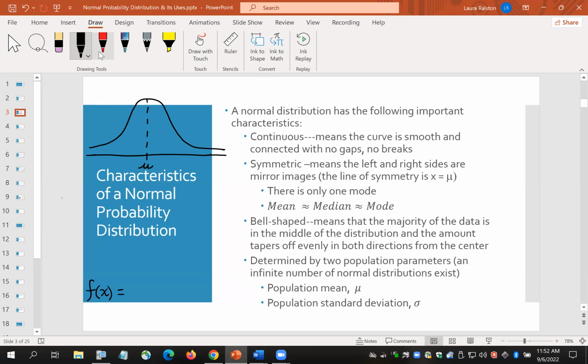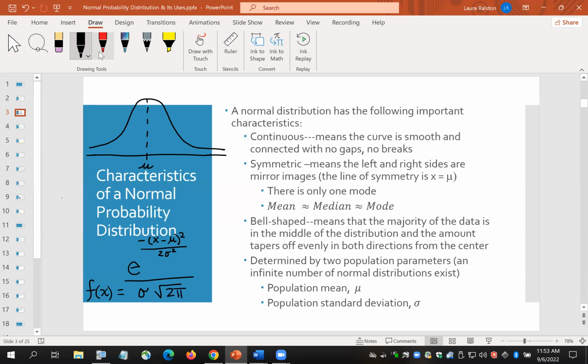And guys, it is super duper messy. It is E raised to the minus X minus the mean squared, divided by 2 times the standard deviation squared. And then that whole thing is divided by the standard deviation times the square root of 2 pi.